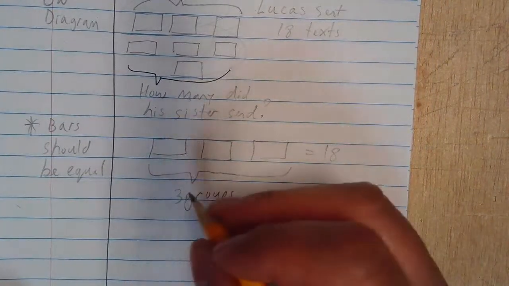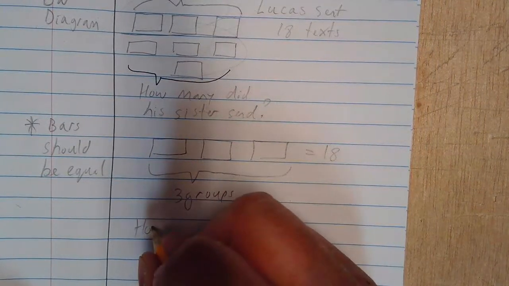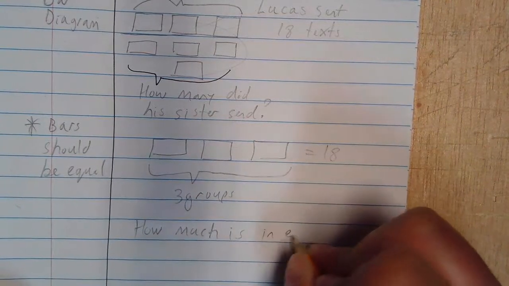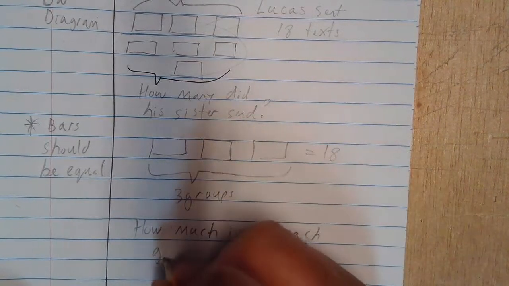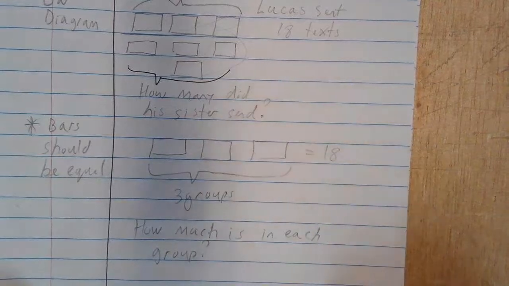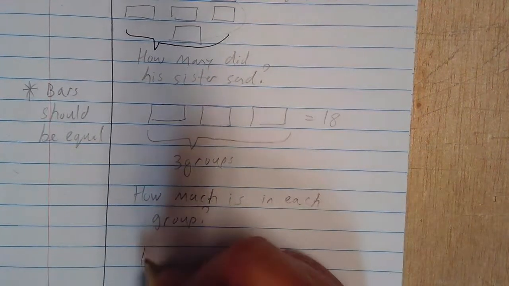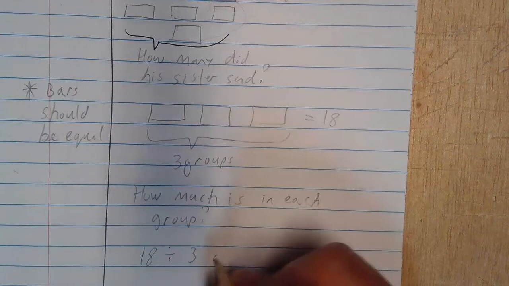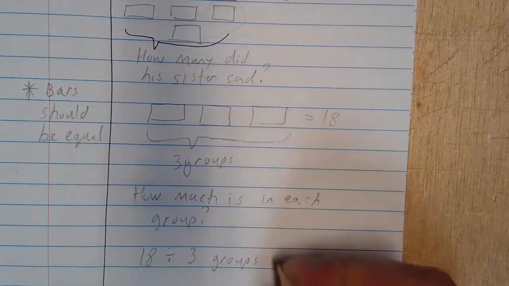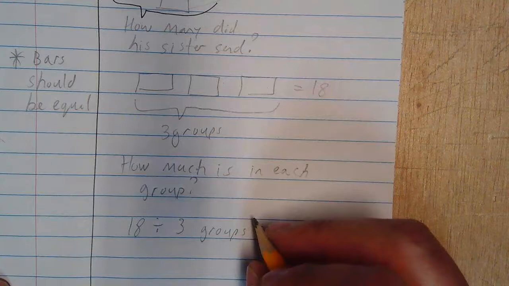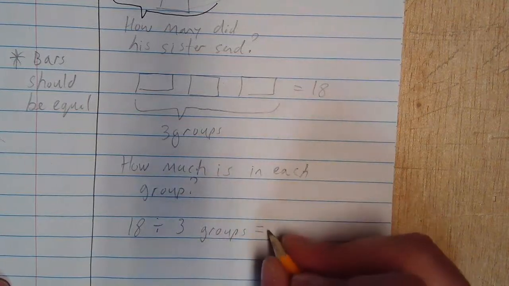So the question is, how much is in each group? Well, now it just sounds like a division problem, doesn't it? 18 divided by 3 groups. Now, I'm just going to go ahead and do the math. 18 divided by 3. If we have 3 groups, that means each group has to have 6.